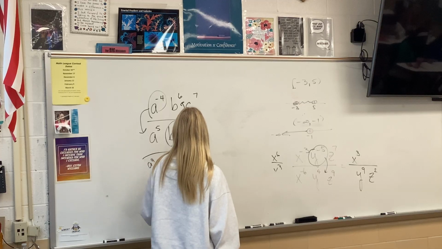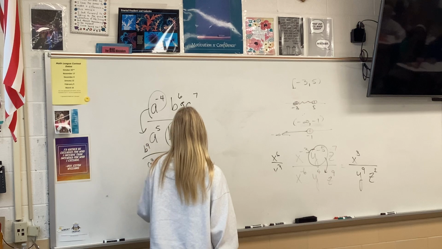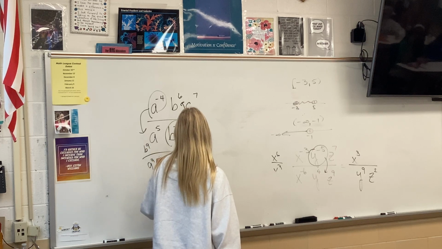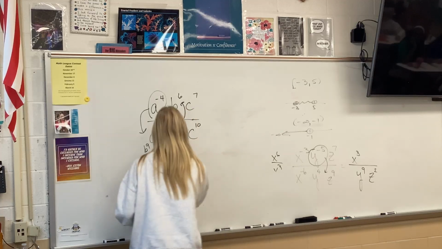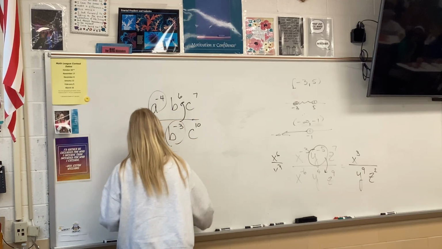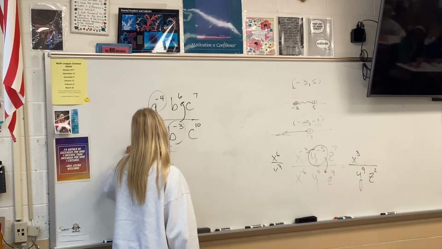B9. Wait, that's on the top though. And then C7 minus 10 on the bottom, so next to that, which is C to the minus 3. And that's it.